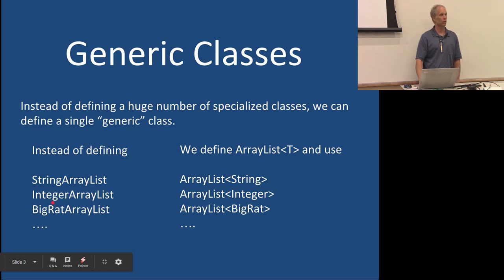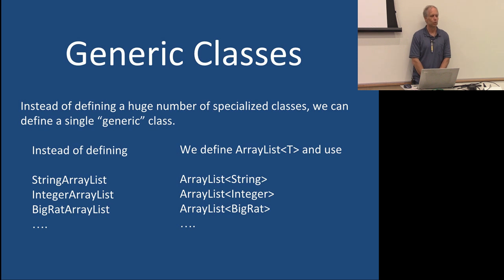Suppose these three classes existed and someone says, okay, now create me a DoubleArrayList class. What would you do? You'd copy the code of one, and you could probably just replace everywhere String showed up. Or let's take BigRat. Everywhere BigRat shows up, you do a global replace with double. And that would probably be good enough.